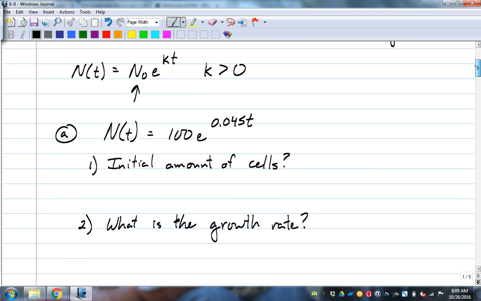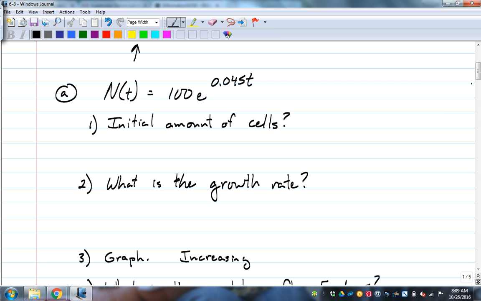So let's look at our first example, and we've got N of t, the amount of some bacteria or some sort of cell. Doesn't matter what kind it is, but they're telling us that 100 e to the 0.045t is the function that models the growth or decay.